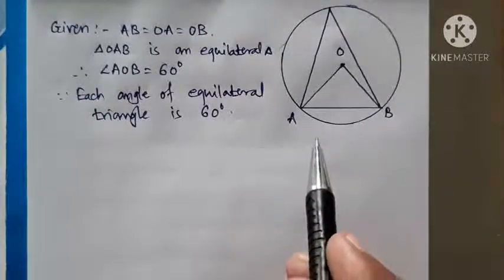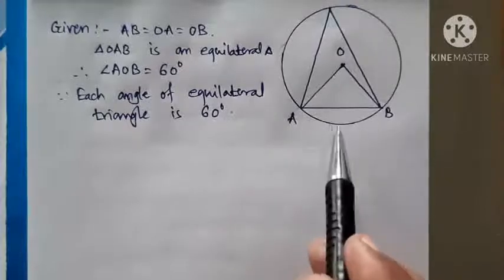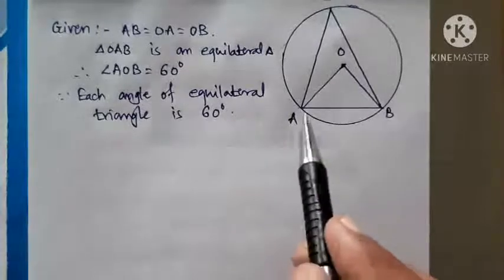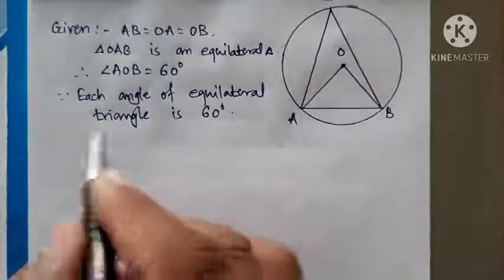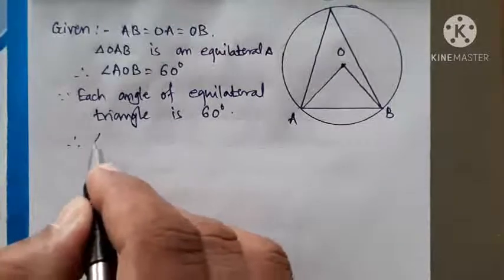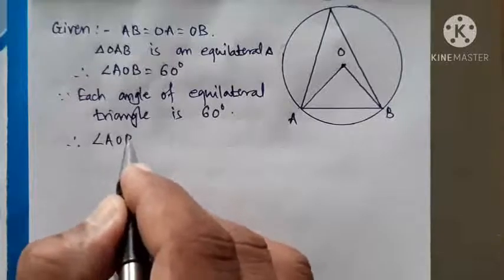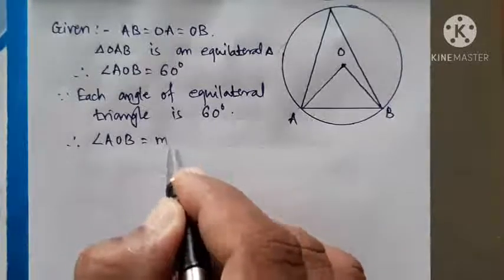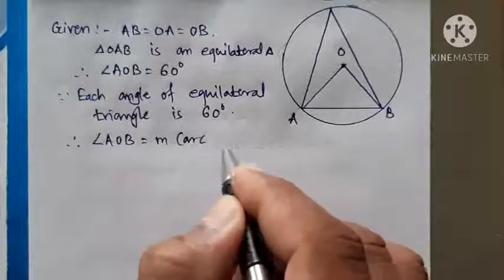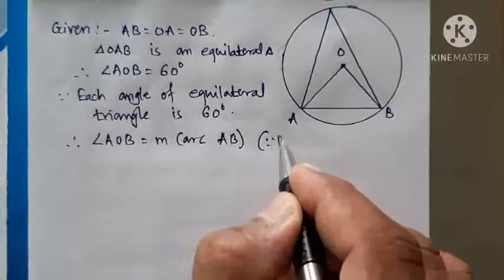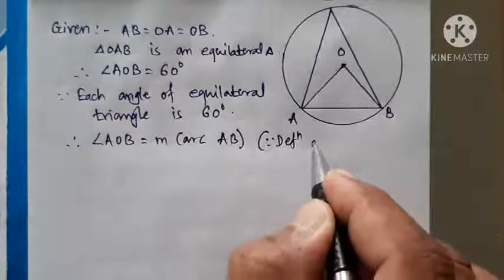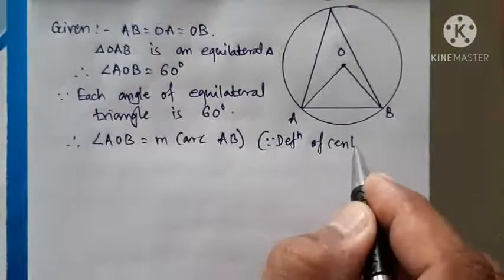Now, find the measure of arc AB. Now, this is the corresponding arc of the central angle AOB. Therefore, angle AOB is equal to measure of arc AB because of the definition of central angle.